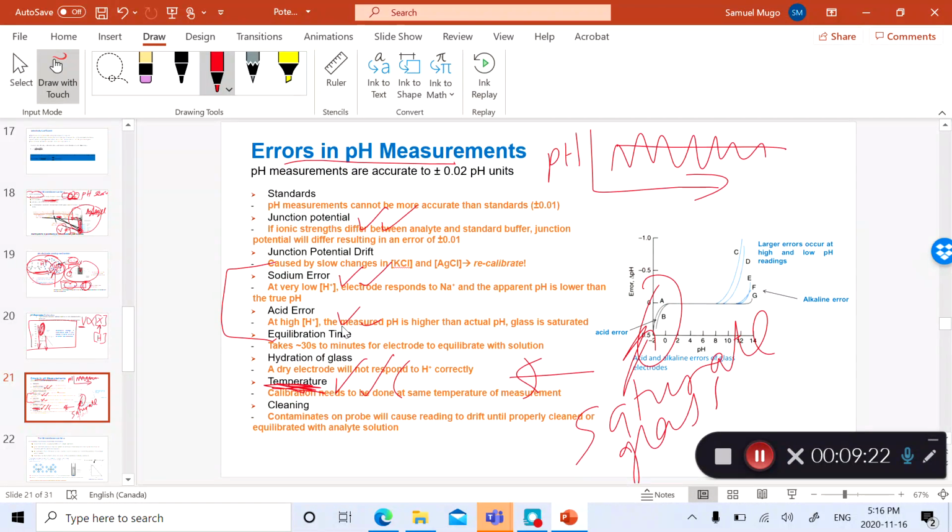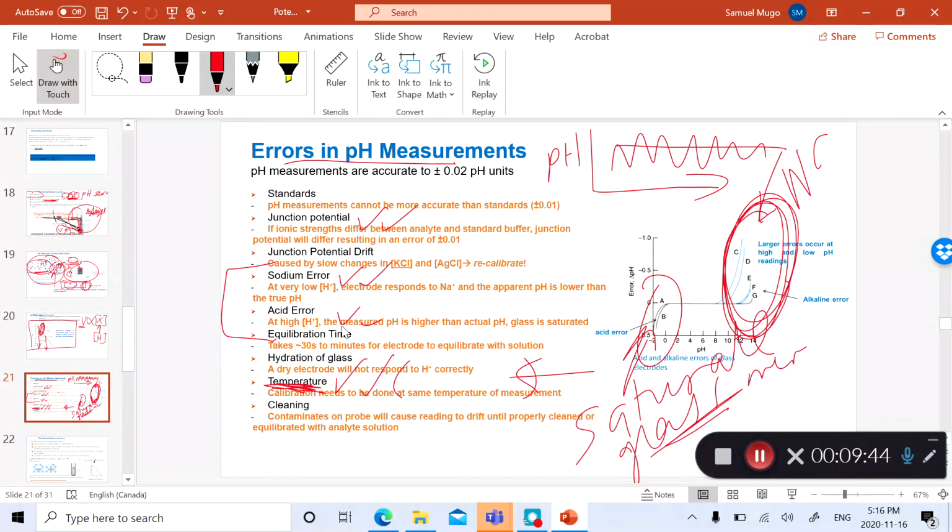So at very, very low pH, meaning very high concentration of the hydronium ion, you tend to saturate the glass membrane, and as such, the response is not linear.